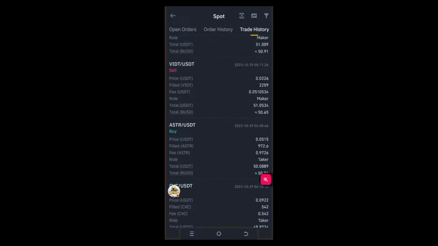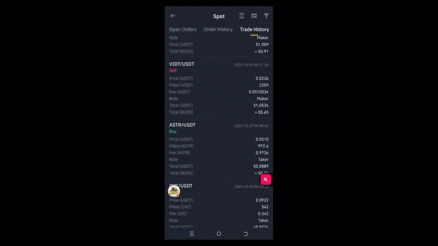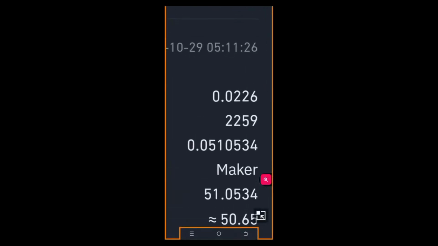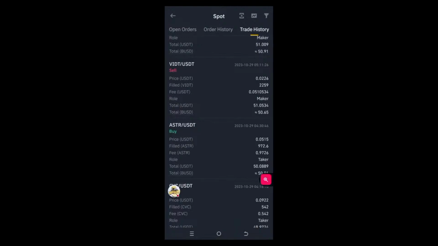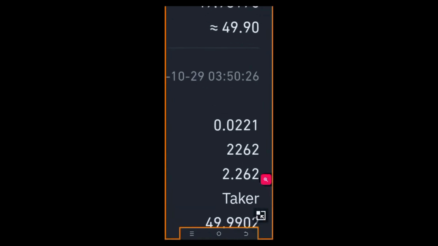Okay, so this is VIDT. We actually bought it at 221. Let me check so that I can be very sure. Look at it here. We bought it here at 221.